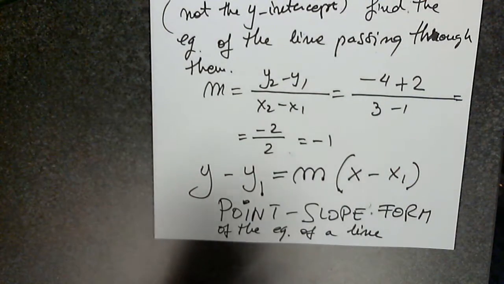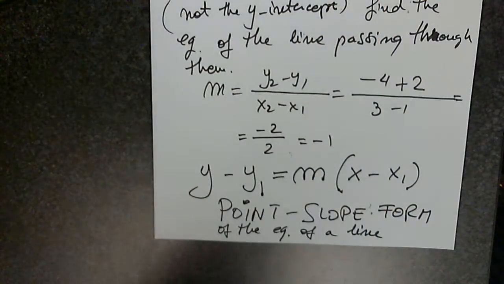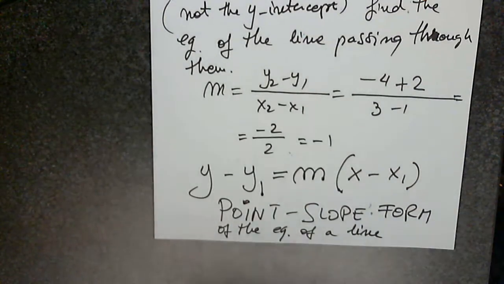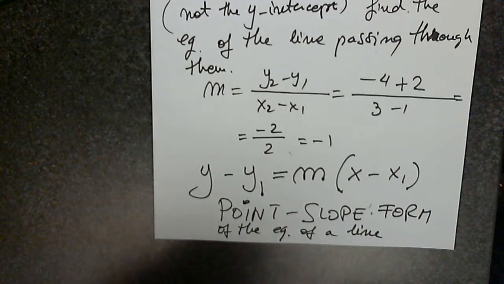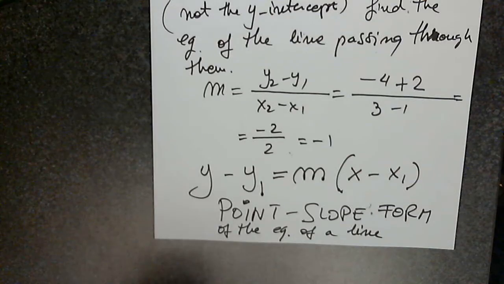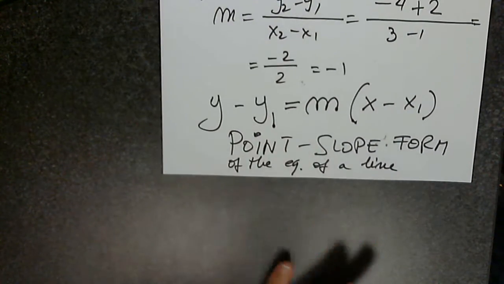This is the one you should use. If one of the 2 points is 0 comma a number, it means that you are given the y-intercept. Please use the slope-intercept form. But if none of them is the y-intercept, please use this point-slope form.